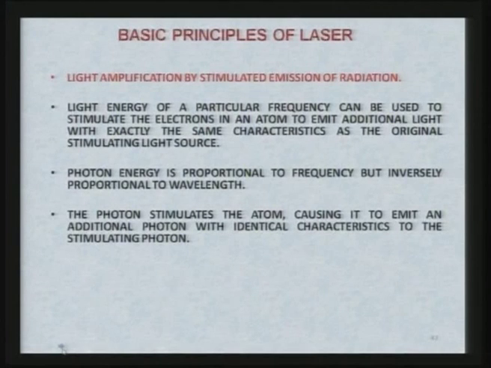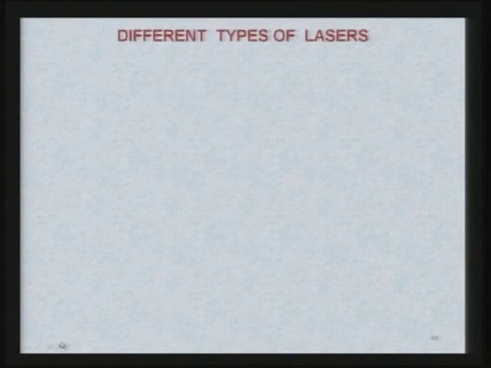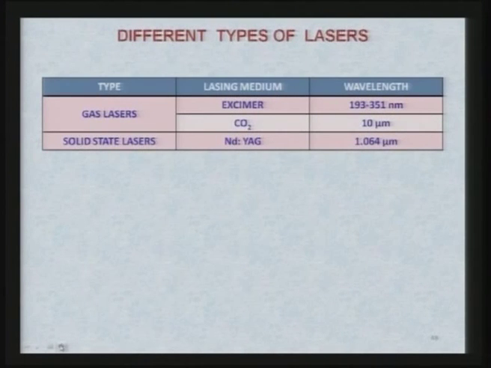So, this is a chain reaction and you have a large number of photons in the area where you are producing the laser beam, and there are 3 types of lasers: gas laser, liquid laser, solid lasers. Here 2 are shown.